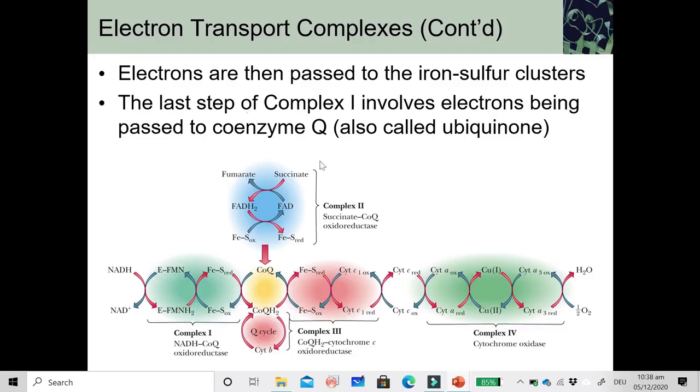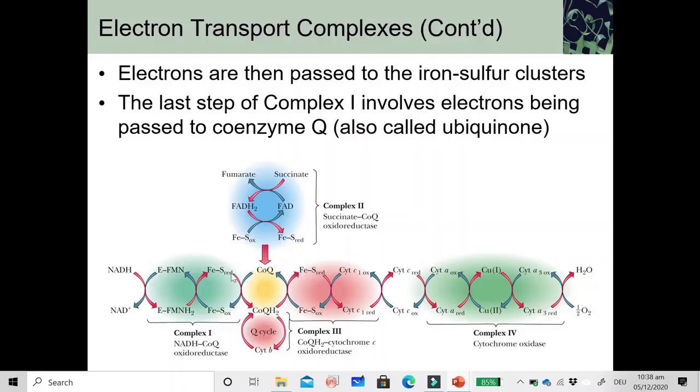It is here. So succinate is oxidized to fumarate. In the process, FAD is reduced to FADH2, right? And then FADH2 is again oxidized with the iron-sulfur clusters, in the process producing coenzyme Q as a result. So notice that here you generate coenzyme Q as well.